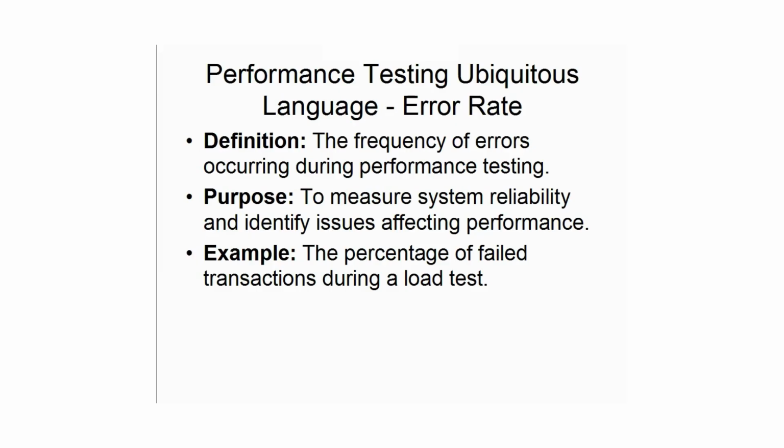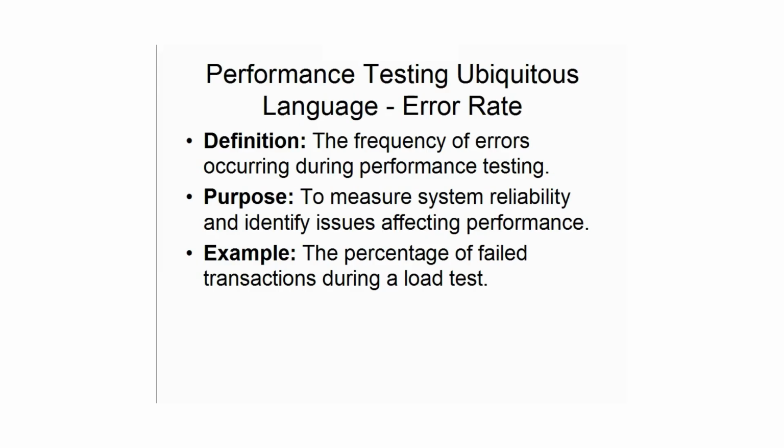For example, a client could say that he wants an error rate of not more than 10% of requests. For example, we have a login page and we are testing the corresponding login page after a specific period of time.